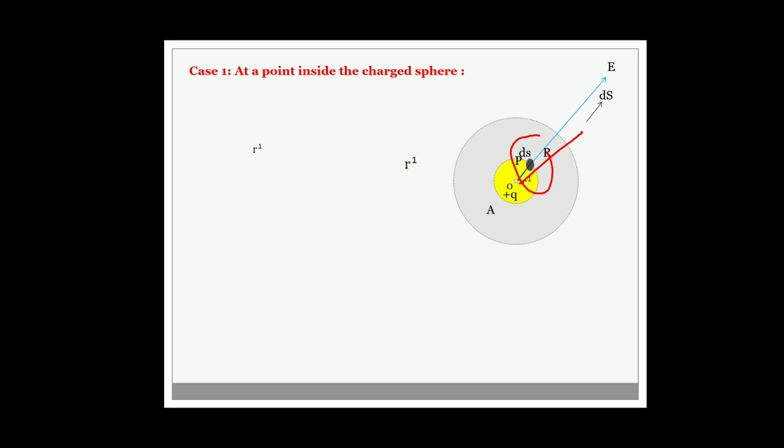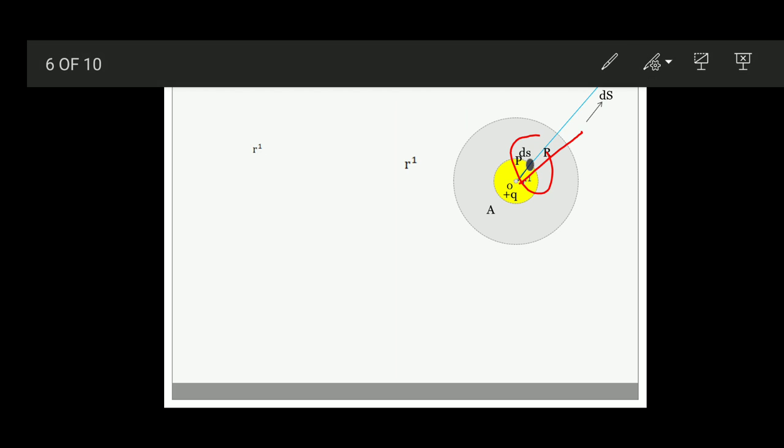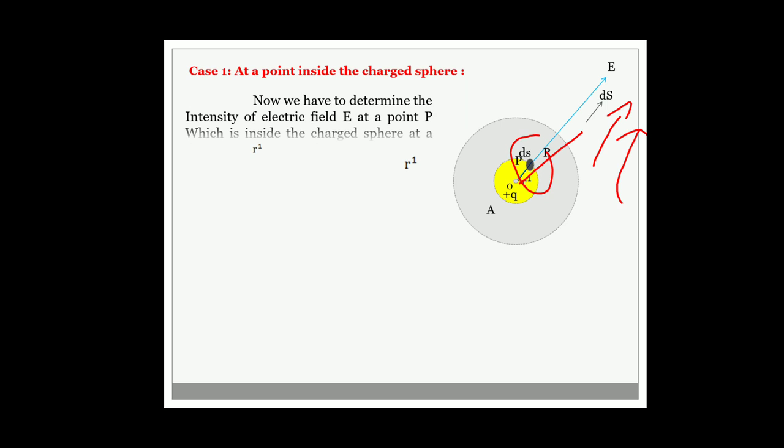So that is the intensity of electric field E direction. The angle between E and ds is 0 because both of them are in the same direction. Now r dash is the radius of the Gaussian sphere, that is Gaussian surface. Capital R is the radius of the charged sphere.